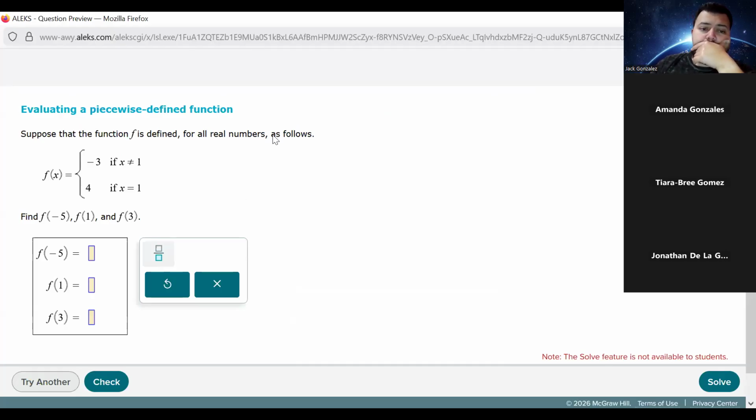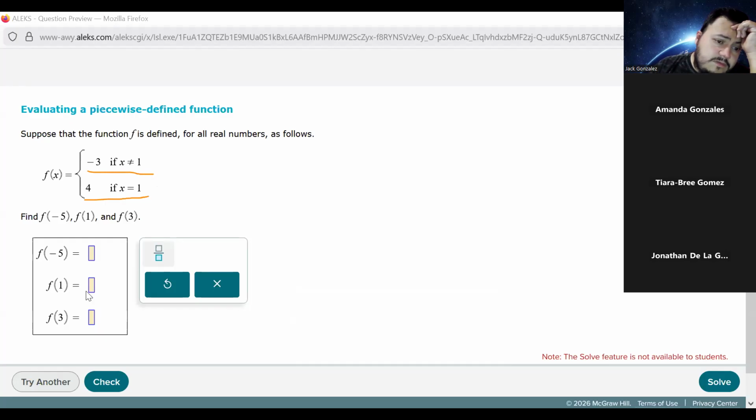Okay. Piecewise defined function. So they give you a function that's made of two parts, and they give you values. They said as long as it's not equal to 1, the answer will always be -3. That's what this means here. If it's equal to 1, then it's going to be 4.